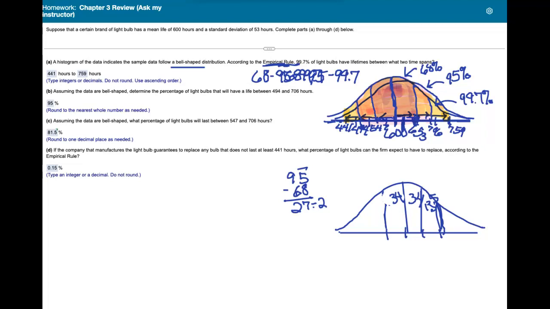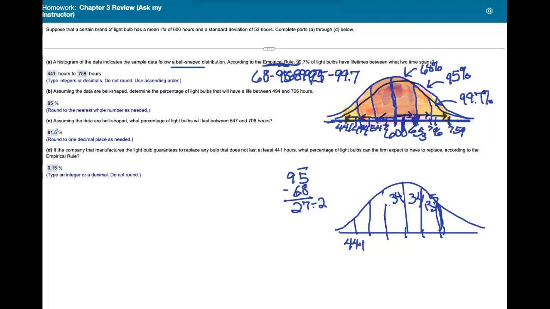And then the last question says, if the company that manufactures the light bulbs guarantees to replace any bulb that does not last at least 441 hours, remember that was the one way out here at 3 standard deviations to the left. So I'd have to take 99.7% from 100, so that's 0.3%, and then divide that by 2.